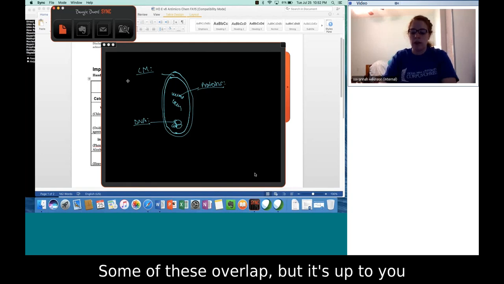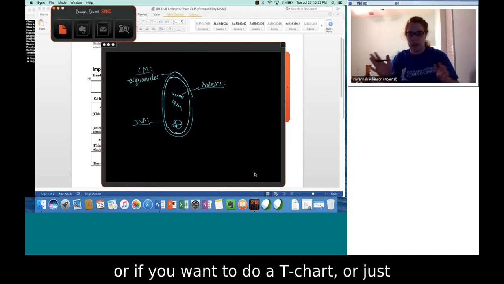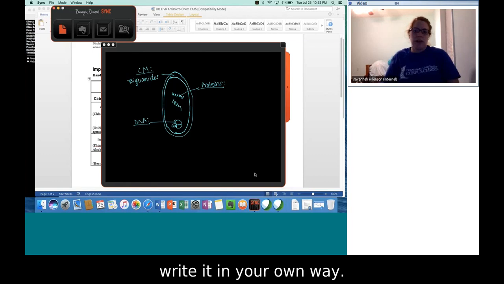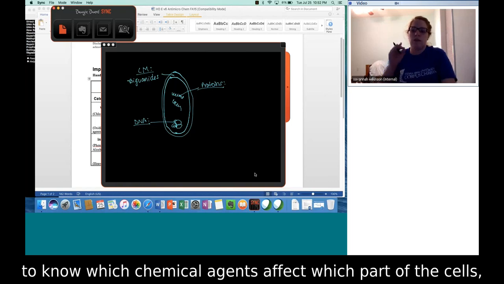Some of these overlap, but it's up to you if you want to draw a diagram like this, or if you want to do a T-chart, or just write it in your own way. I recommend that you definitely know the groupings of this, to know which chemical agent affects which part of the cell, pretty much.